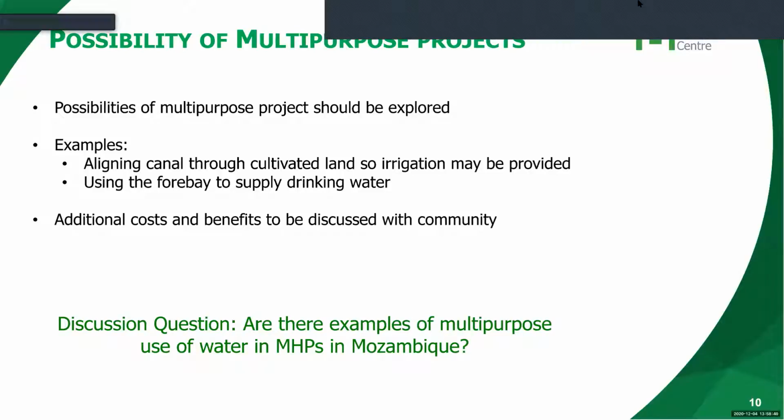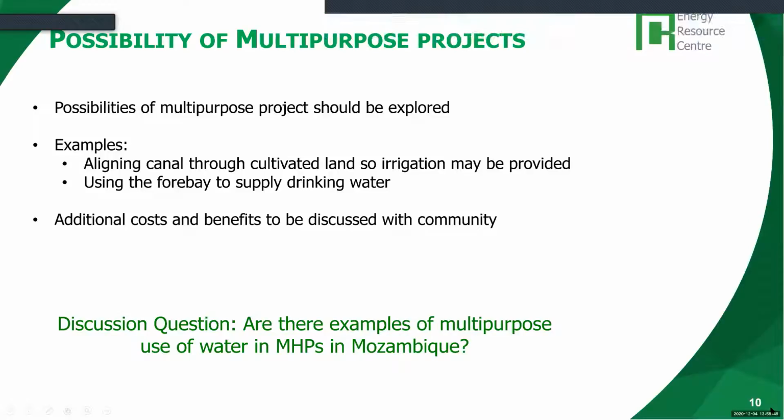We use it for irrigation and we use water for other kinds of users in Maputo, Boane, and Matola, and we produce electricity. Oh, that is nice. What is the name of this project? Can you repeat it, please? It is Pequenos Libombos.